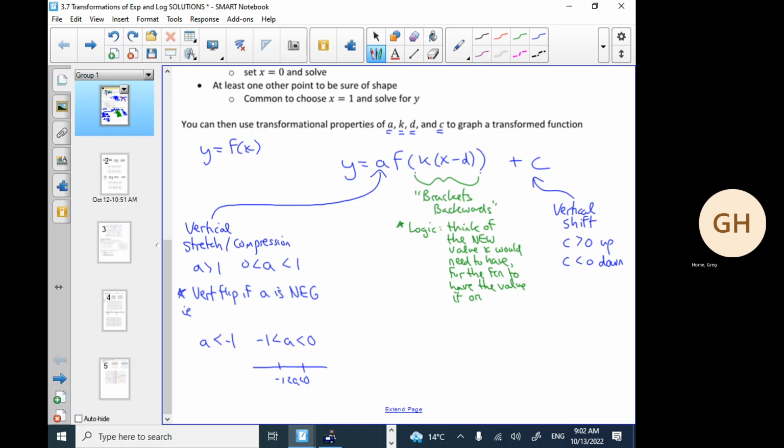Okay, so if you're thinking about that, from in there, we have our k value. Our k value is our horizontal stretch of the function.